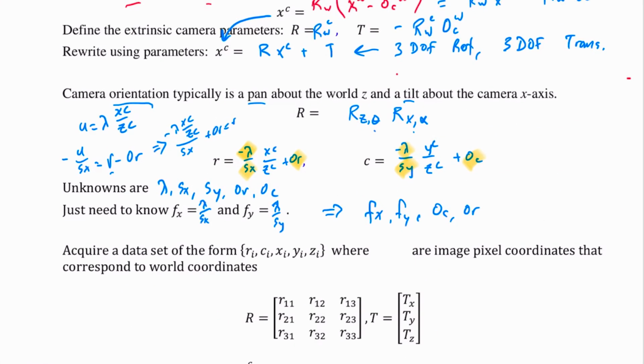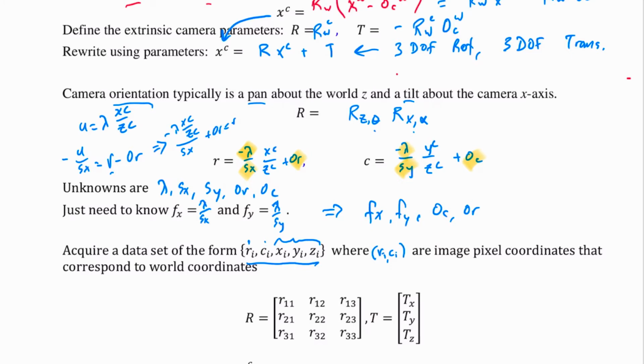So the solution method for this is to acquire a big old data set. And the data set is going to have some row and pixel locations, and then their corresponding X, Y, and Z values in the world frame. We've got RI, CI.